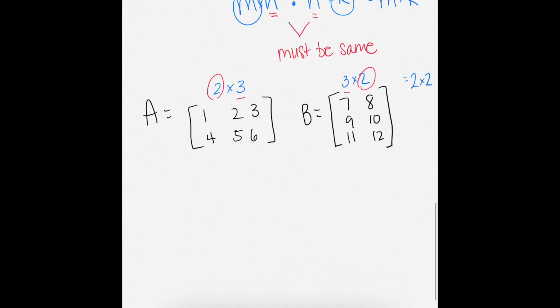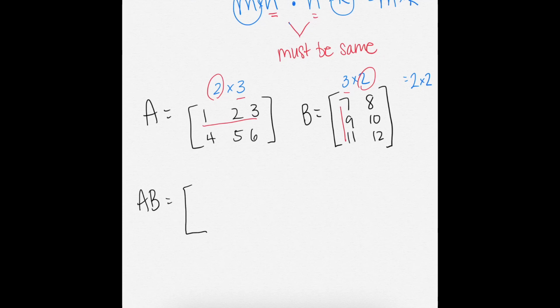All right, so the way we multiply is essentially what's called a dot product of each row and column. So AB is going to be, we start with the first row times the first column.